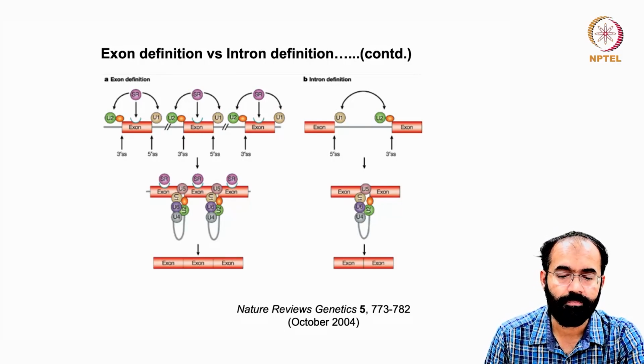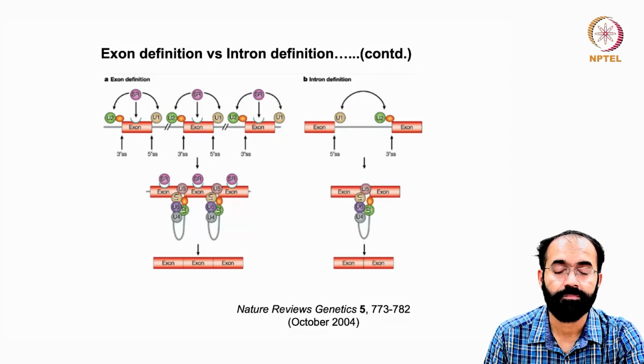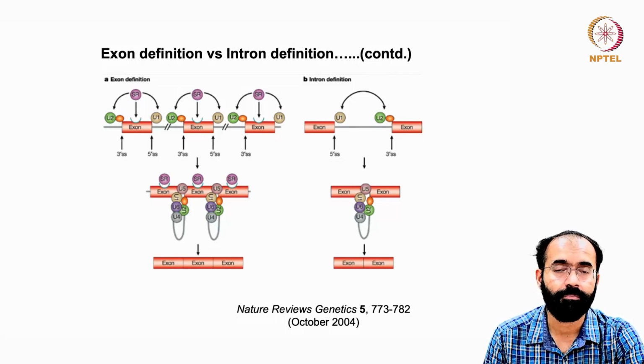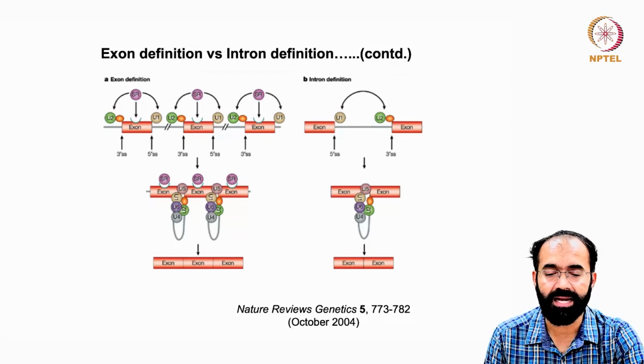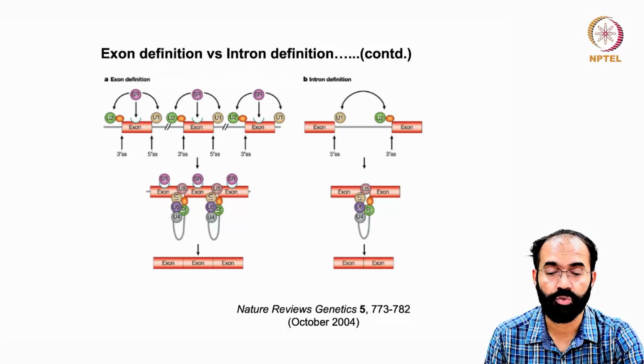So you can see exons are present which are separated by the intron, and you have U1 and U2. U2 pairs at the branch point, U1 pairs at the exon-intron boundary, at the 5' splice site, whereas U2 is close to the 3' splice site. And now this complex is formed in such a way that U1 and U2 have an interrelationship, because the boundary of an intron is defined by the gap between U1 and U2.